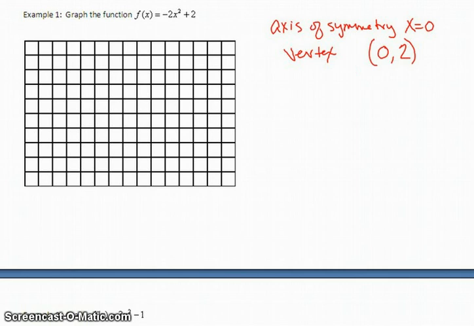I'm going to draw in my x and y axes in red, picked on purpose so you can see it on that black graph paper. First thing I need to do is graph my vertex at (0, 2).